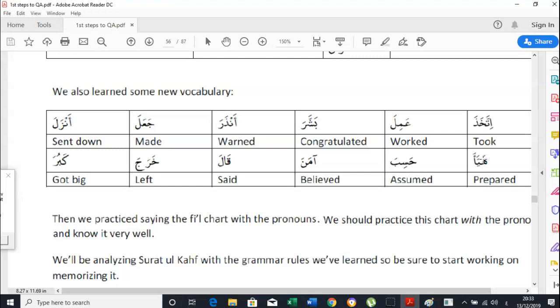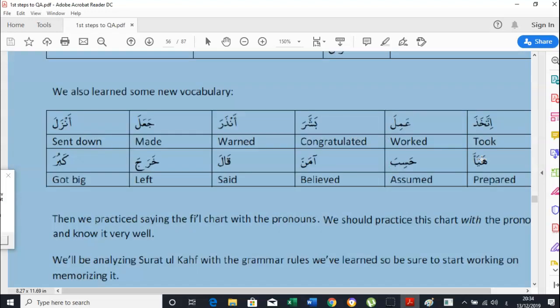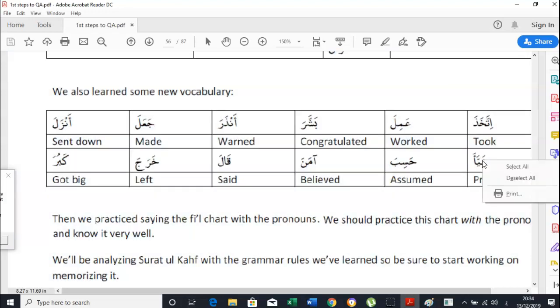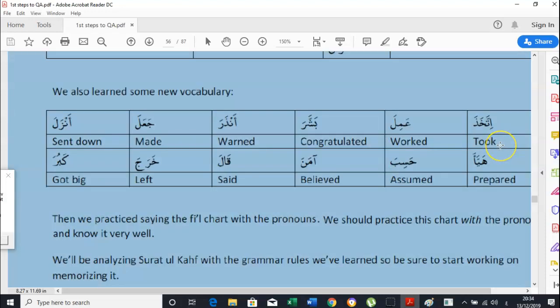You, just you, singular, male. هيأت. You female prepared. هيأتي. Both of those females prepared. Both of those. Not both of you females, both of those females. Say again.